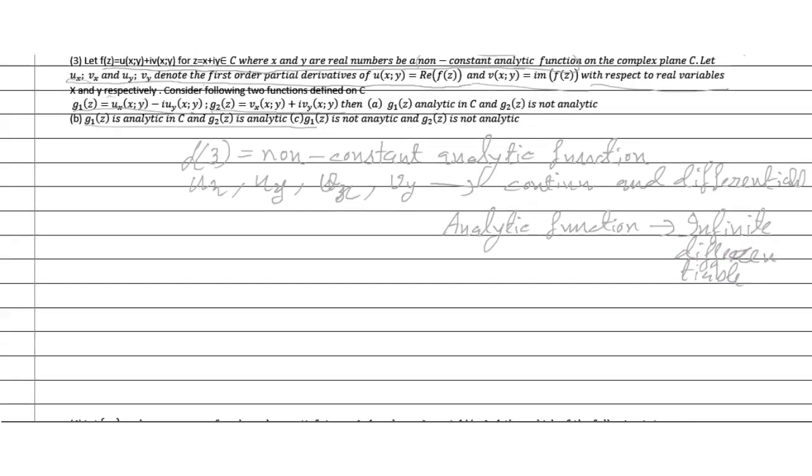So friends, let's start to discuss g1(z). g1(z) is equal to u_x(x, y) minus i u_y(x, y), and g2(z) is equal to v_x(x, y) plus i v_y(x, y).